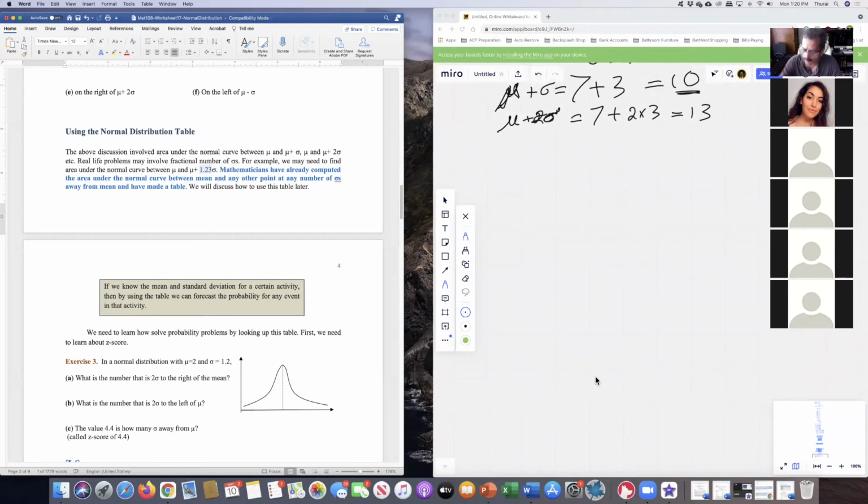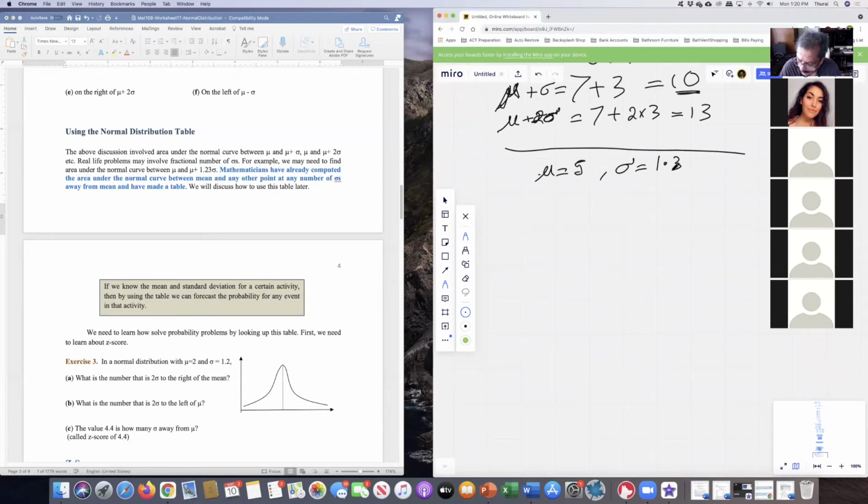So let's say I'm given in a problem, I'm writing on the board, they say mu equal to 5 and sigma equal to something like 1.3. Sigma is always a fractional number.